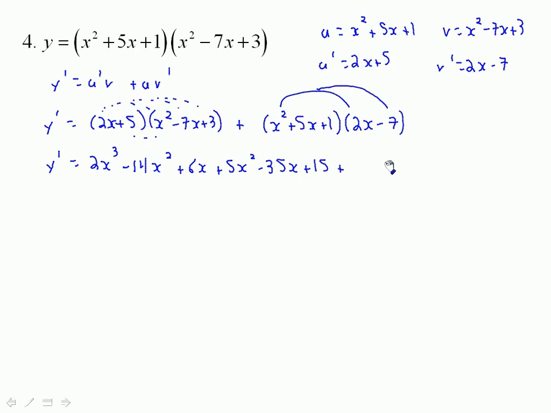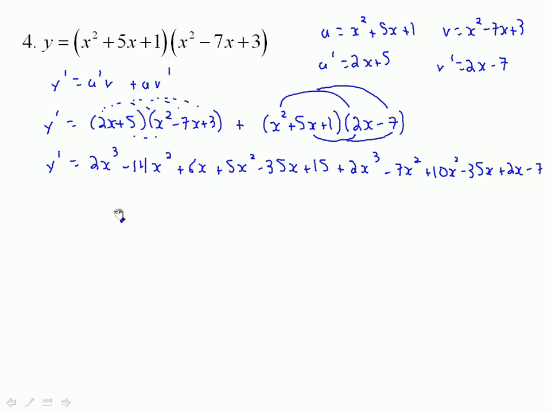Normally I like to put the binomial in front, but I didn't, and I won't change it now. So this becomes 2x to the 3 minus 7x squared. And then run the 5x through to both. And that becomes plus 10x squared minus 35x. And then the last two terms will be plus 1 times 2x is plus 2x minus 7.